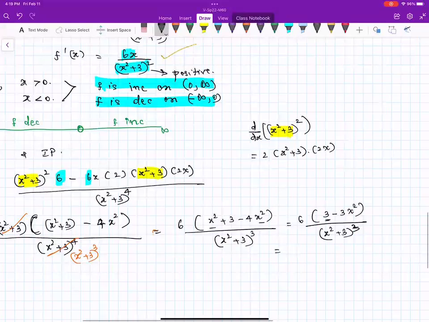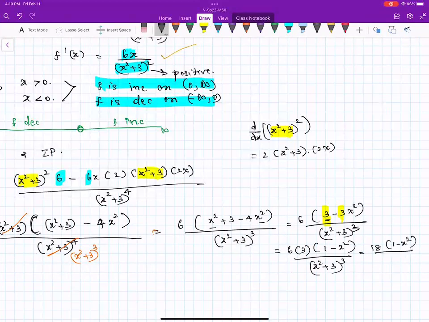So you have a common factor here, which is 3. Pull that outside, which is 6 times 3, 1 minus x squared over x squared plus 3 the whole cube. So you get that to be 18 times 1 minus x squared over x squared plus 3 the whole cube.